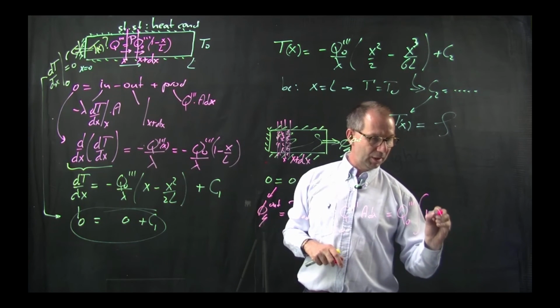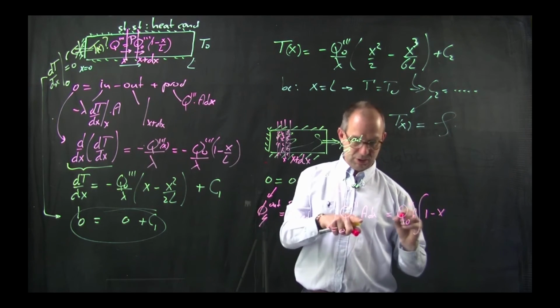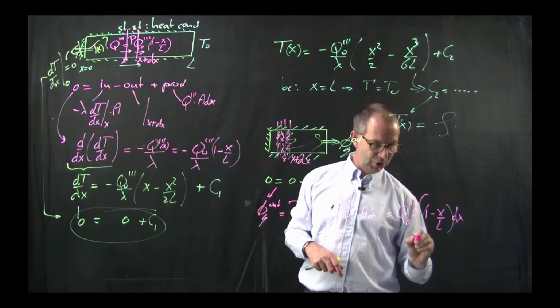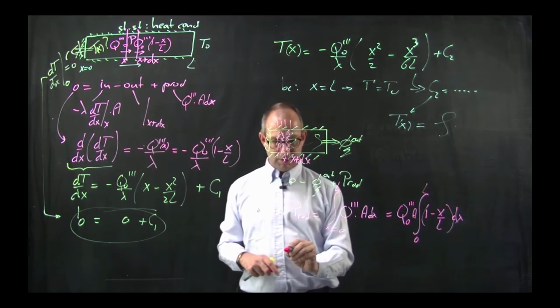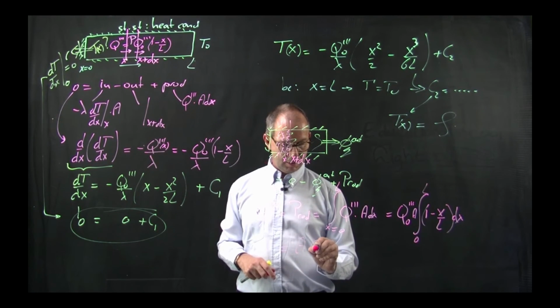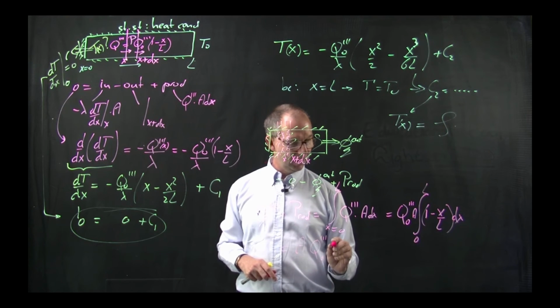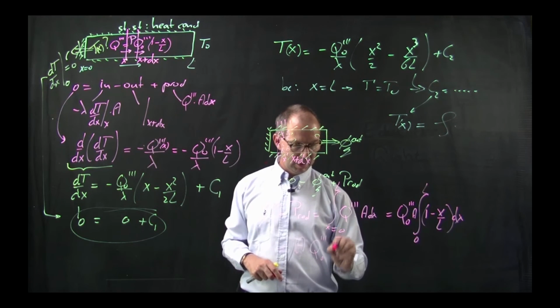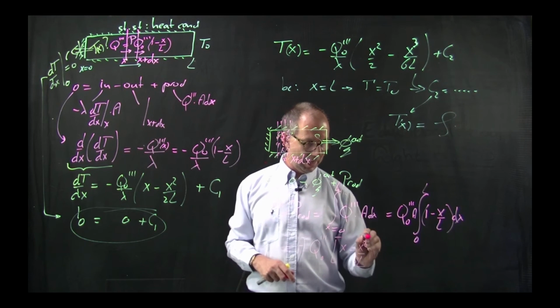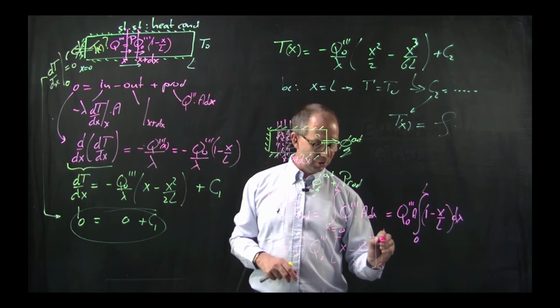And then I have 1 minus x, and A can be taken out. A times 1 minus x over L, dx from 0 to L. And that's going to be A q0 triple prime times integrate this one, gives me x minus x squared over 2L between 0 and L.